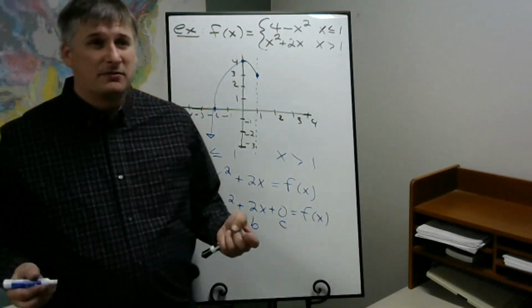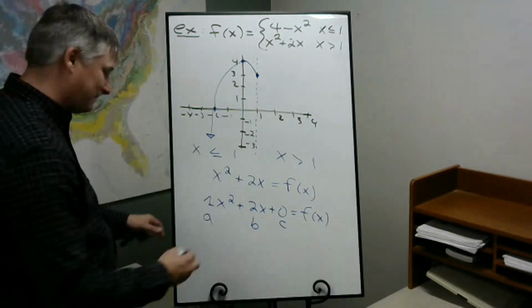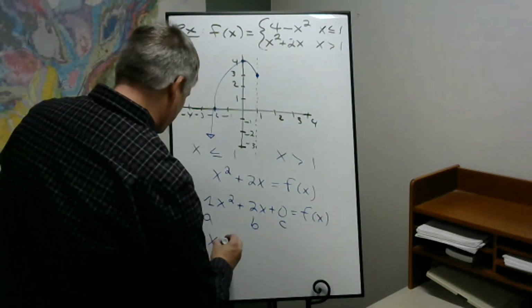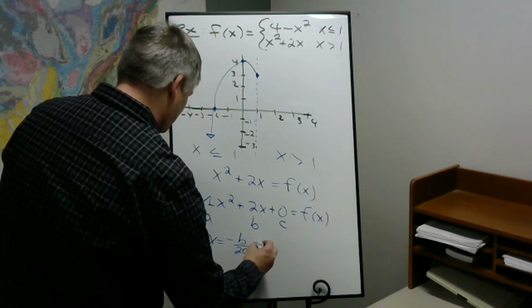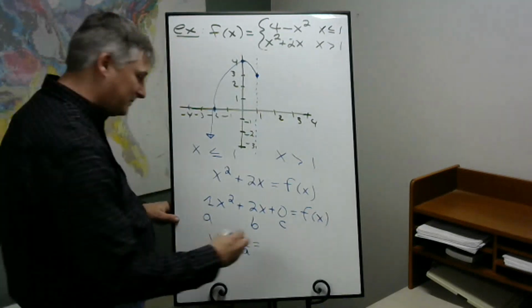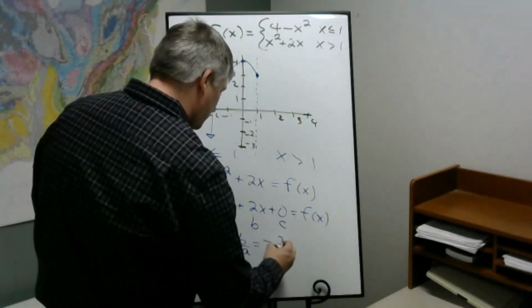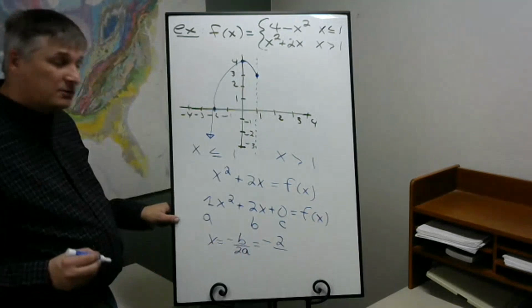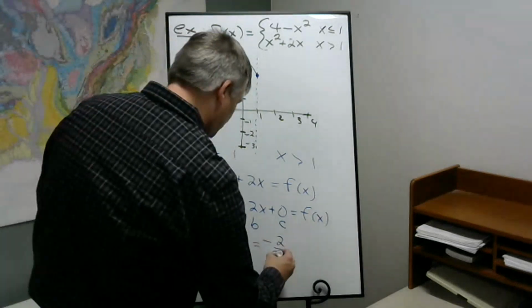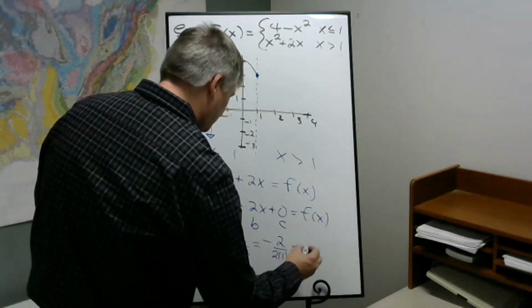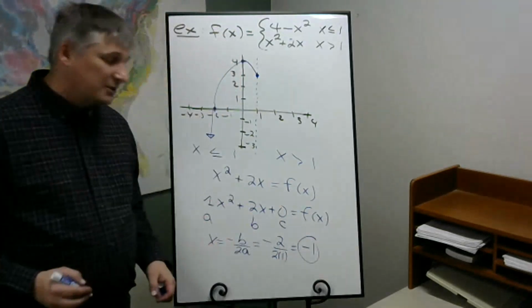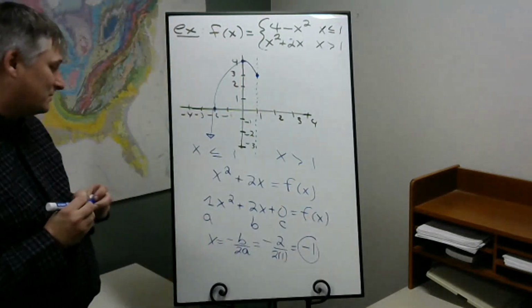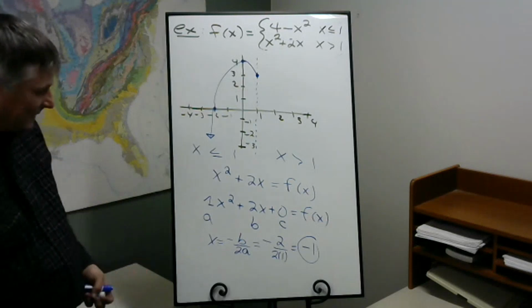So we need an x of -b over 2a. So in that case, this will be -2 over 2 times 1. And that'll come out to -1. So the x-coordinate is going to be -1.